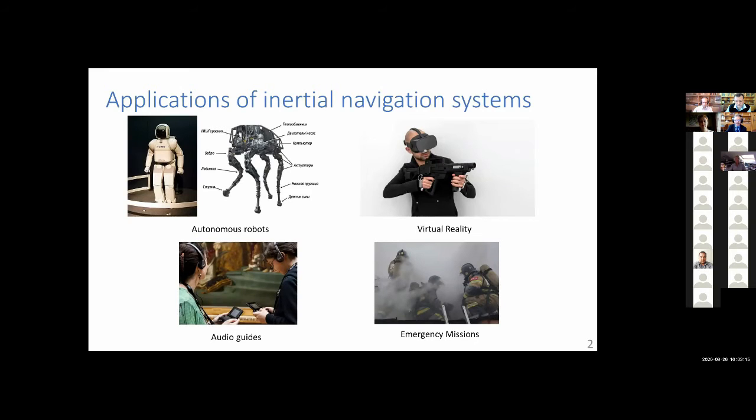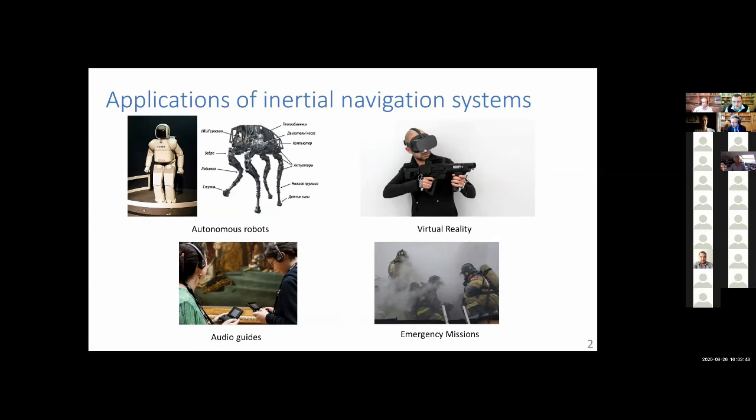The inertial navigation systems are known to have a wide range of applications in autonomous robots, in virtual reality, for audio guides in museums and so on, or for emergency missions where inertial modules are mounted on the rescuers to assist their navigation in environments with low visibility.